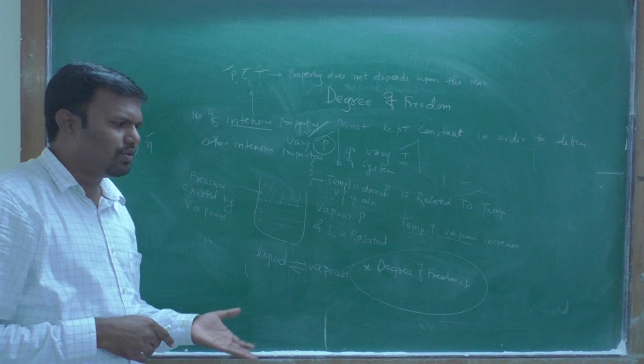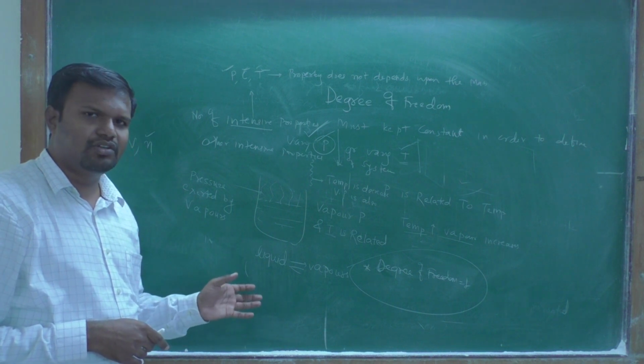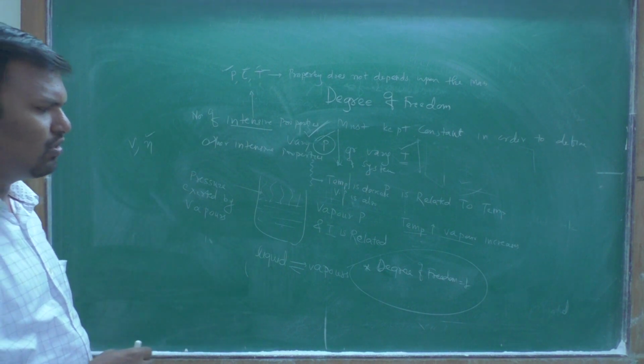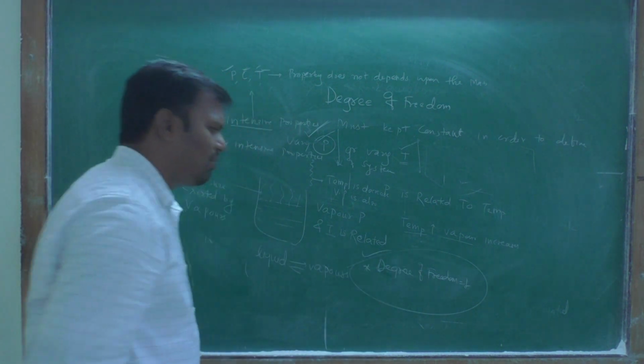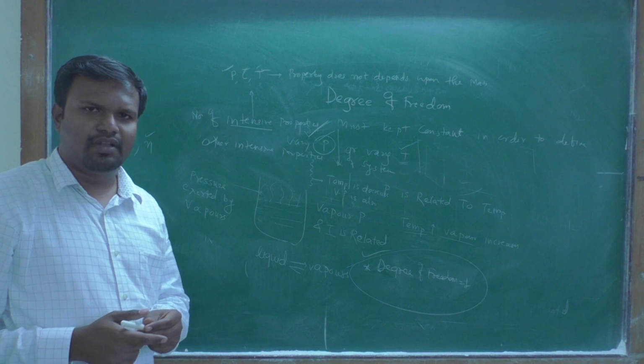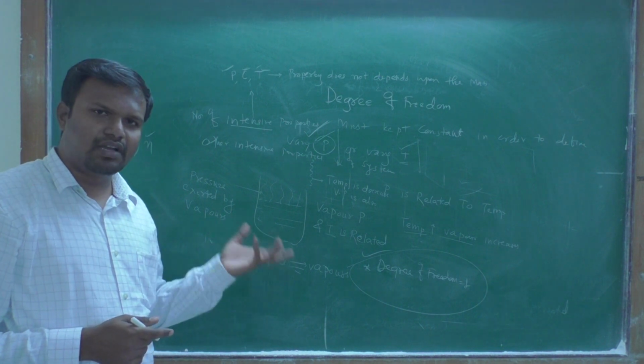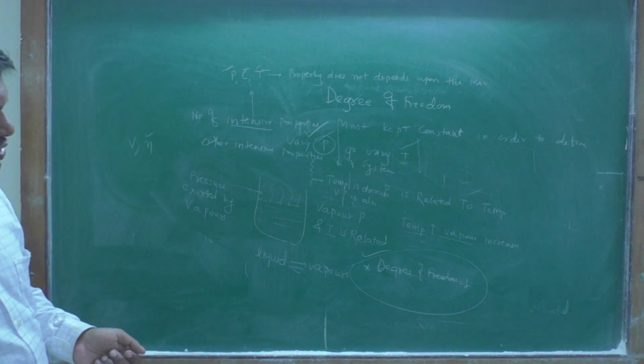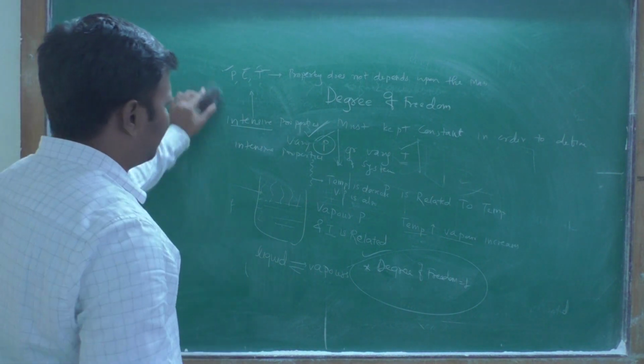The equilibrium system can be described by the degree of freedom. Degree of freedom gives the idea about the system at equilibrium, how much freedom there is. Suppose we have another system.